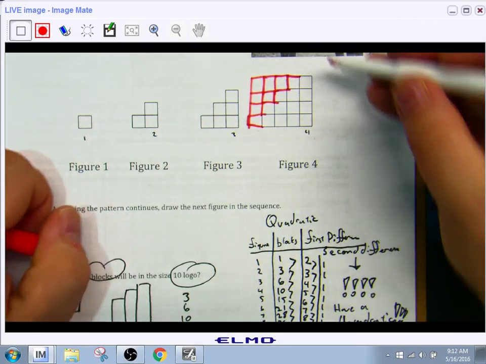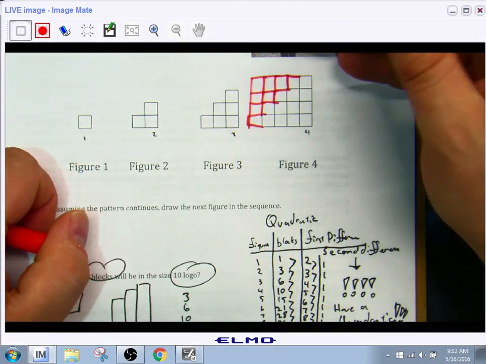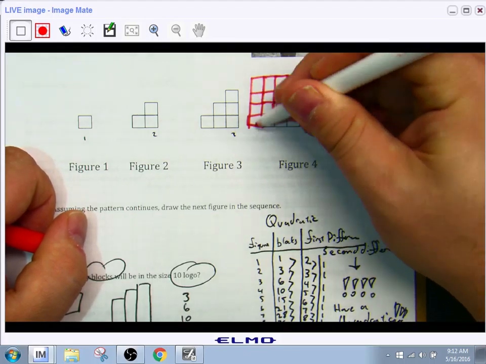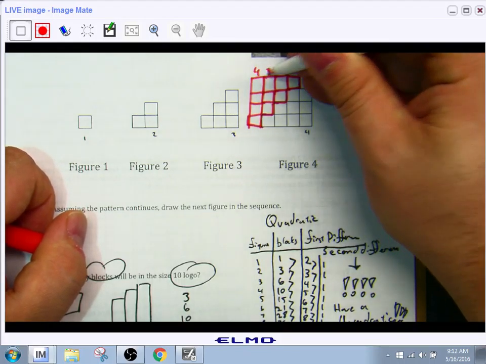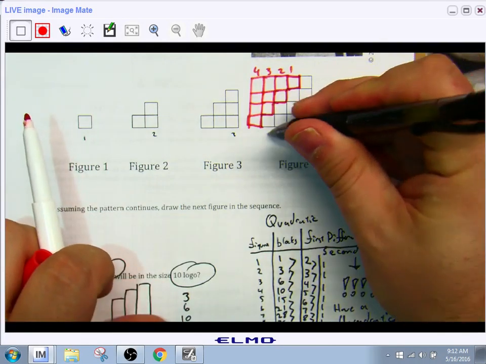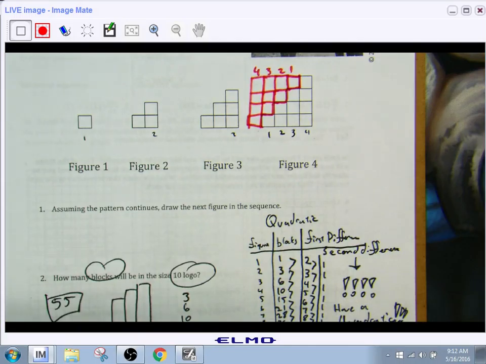Right? It's kind of like it's been drawn in on itself here. Okay? We've got 4, 3, 2, and 1. And then we got 4, 3, 2, and 1.